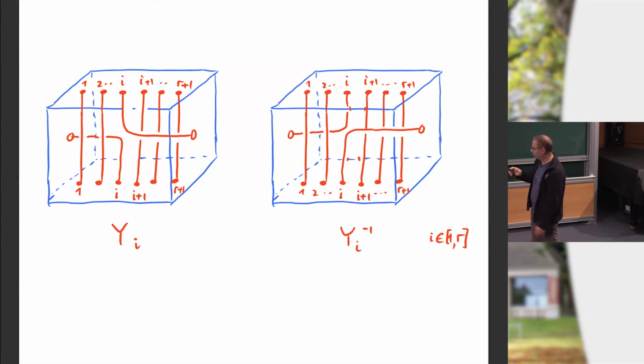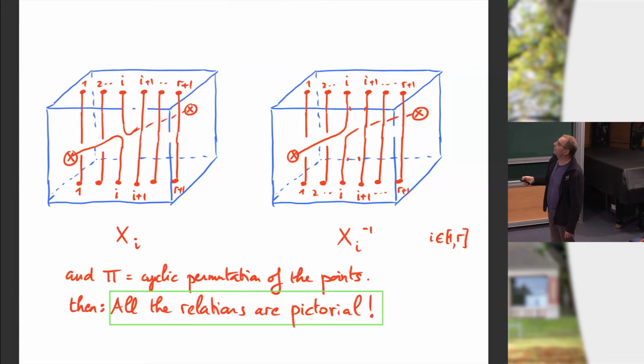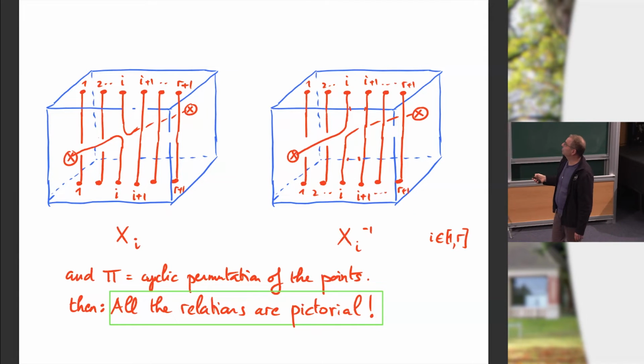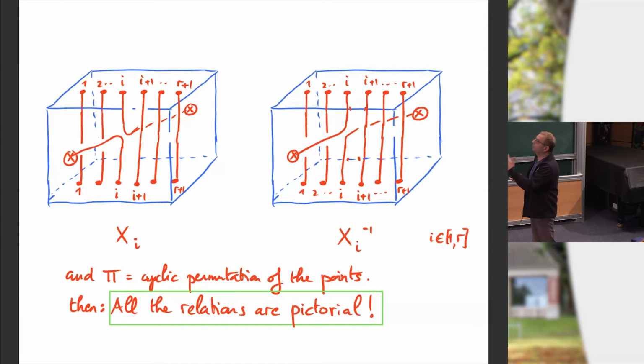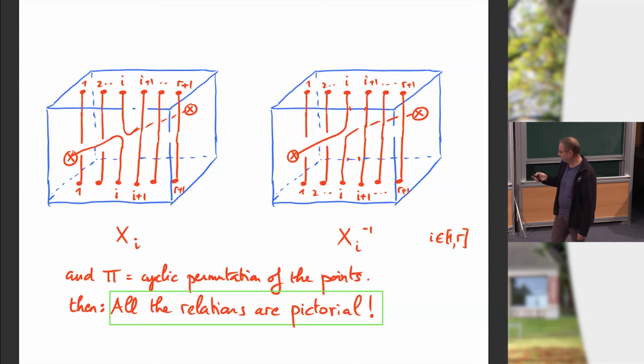Okay, so these are the two operators. And of course for X, it's the same thing, but now you pass through the A cycle, so it's front and back, right? Okay, and then there's another generator which is a bit harder to write, which is the cyclic permutation of the points, but you can actually obtain it just using X's, Y's, and T's.